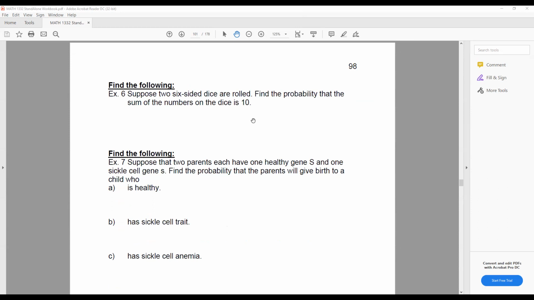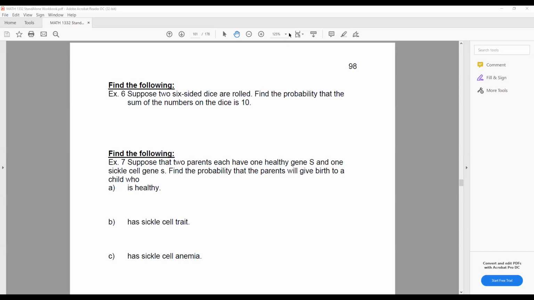Suppose 2 6-sided dice are rolled. Find the probability that the sum on the dice is 10.